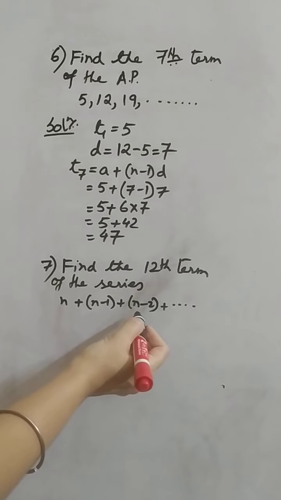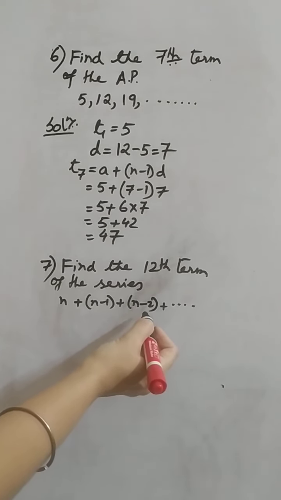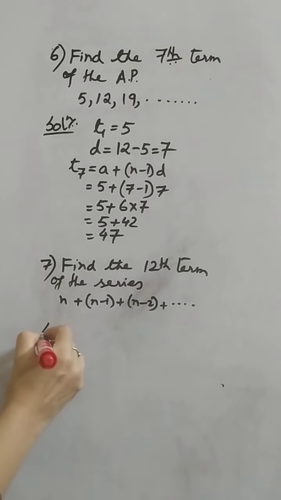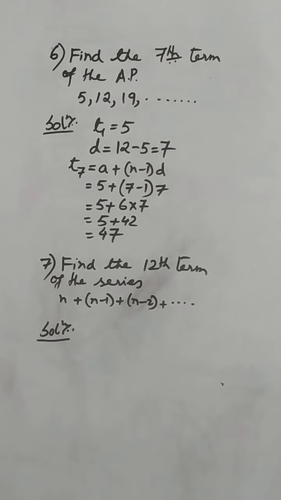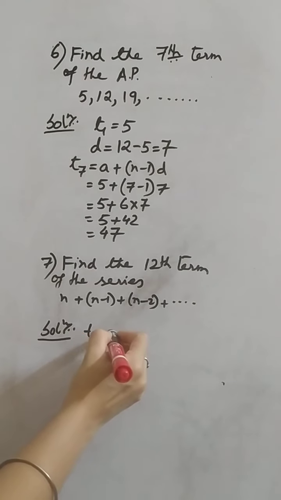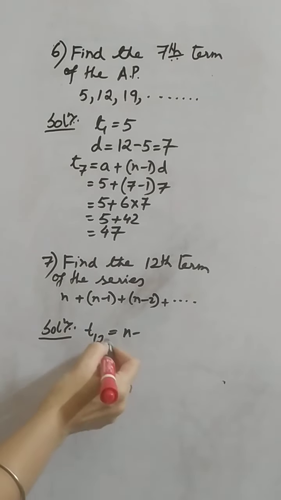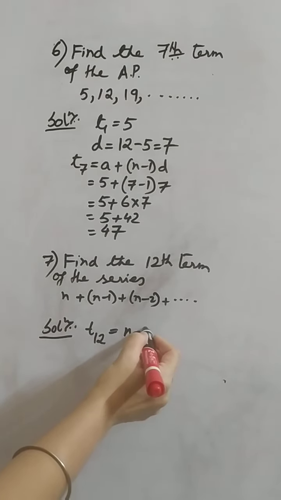In the third term we have n minus 1 less than number 3, so n minus 2. So can we just write the answer without doing any calculations? So the 12th term T12 will be equal to n minus 1 less than the number of terms, that is n minus 11.